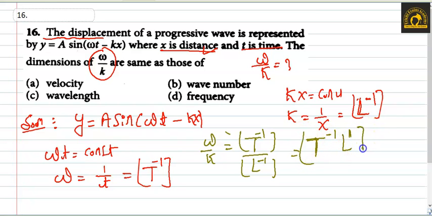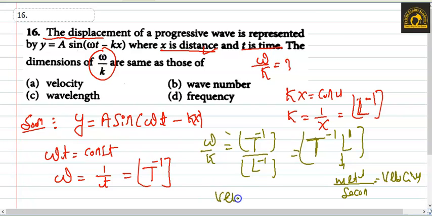Which is the dimensional formula? L is measured in meters, divided by seconds. So meter per second, that is velocity. So the answer for this question is the velocity dimensional formula. I got it here. So option A is the correct answer for the 16th question.